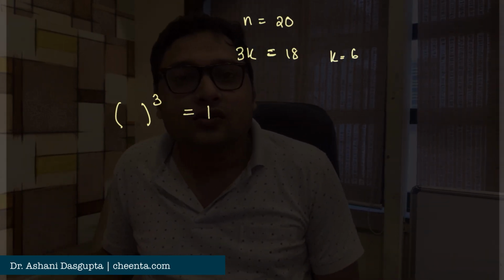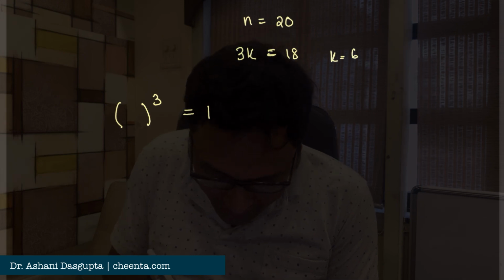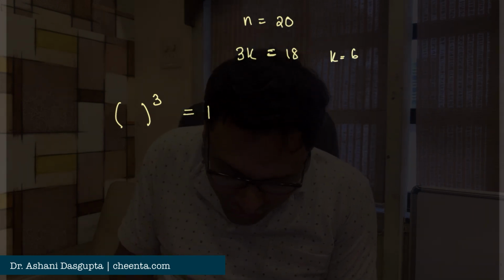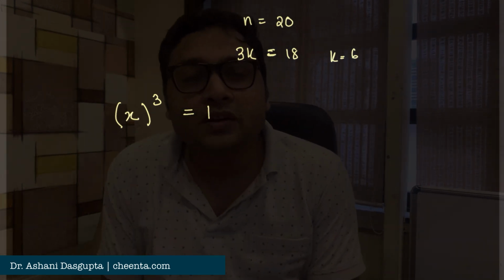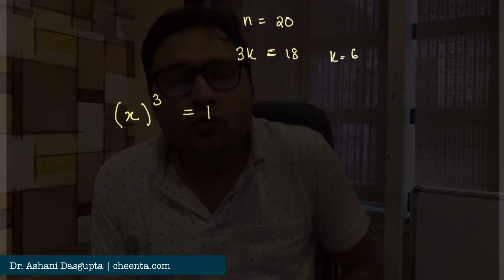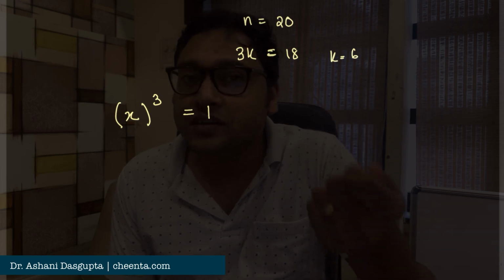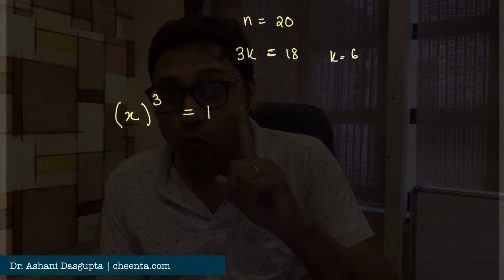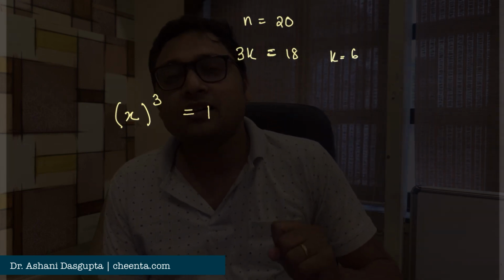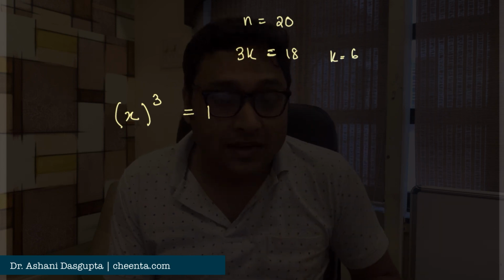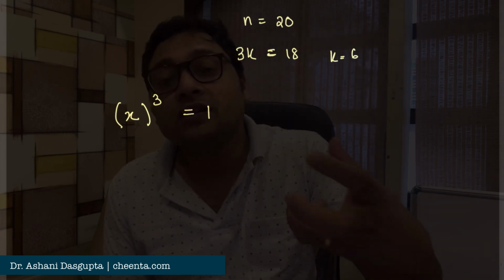So it's a solution to the equation x cubed equals 1. What is that number whose cube is 1? Well, 1 itself is one such number, but there are 2 other complex numbers whose cube is also 1.